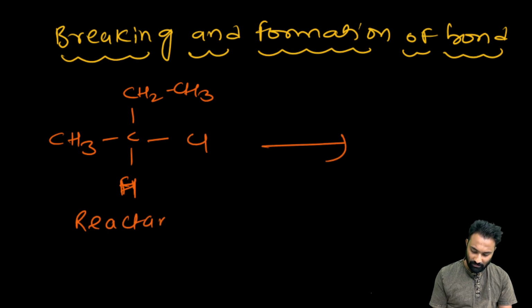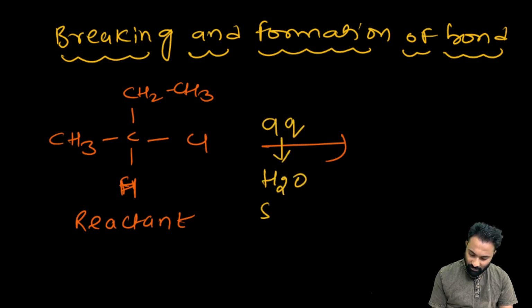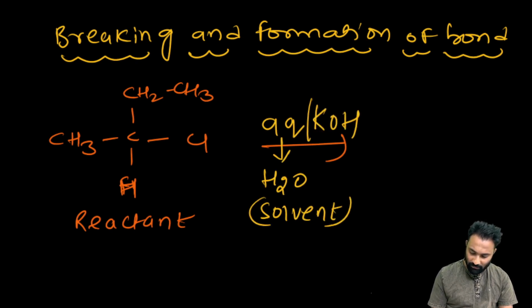Now this reactant reacts with the reagent and in the presence of solvent, right? Now aqueous is nothing but H2O. H2O is our solvent. Now KOH, this KOH is our reactant. Sorry, this is our reagent.